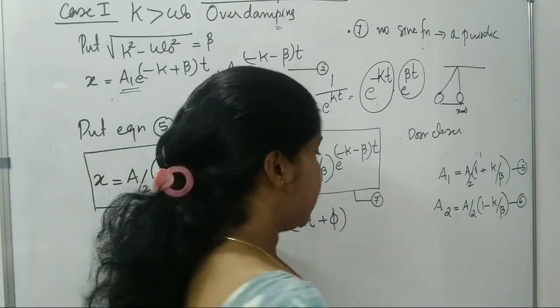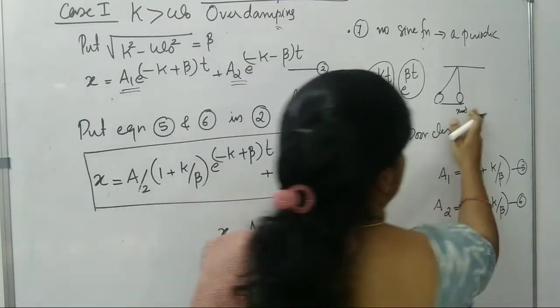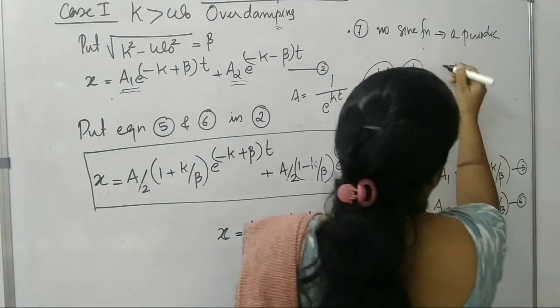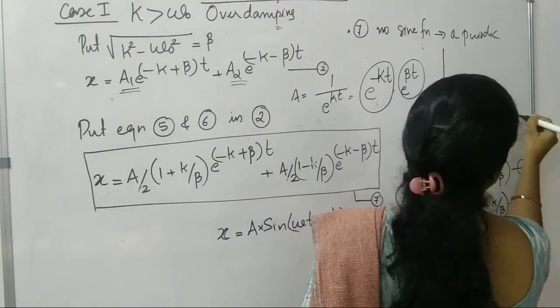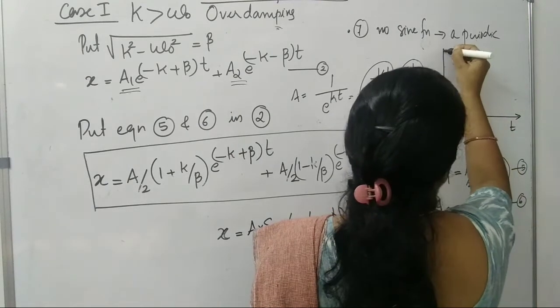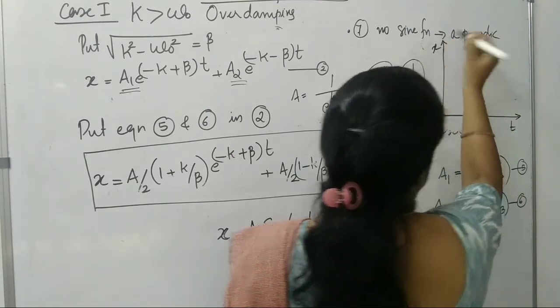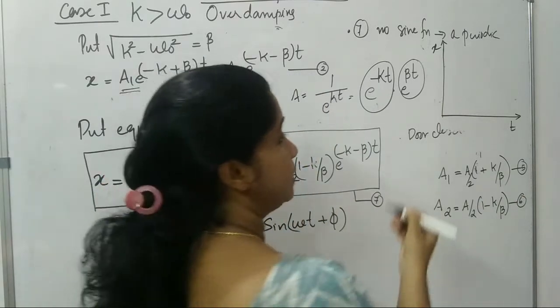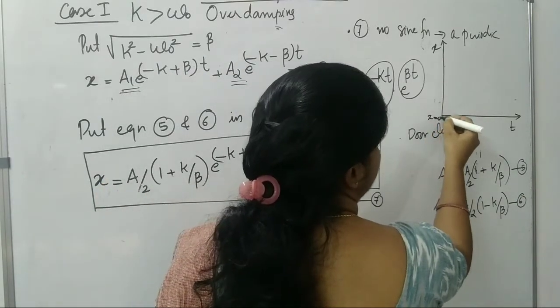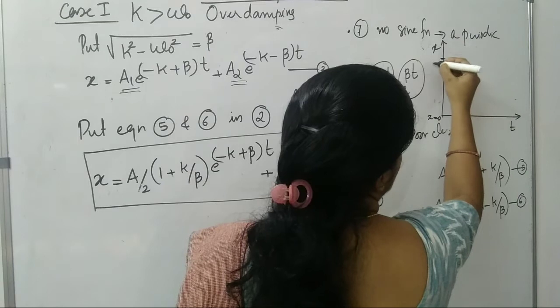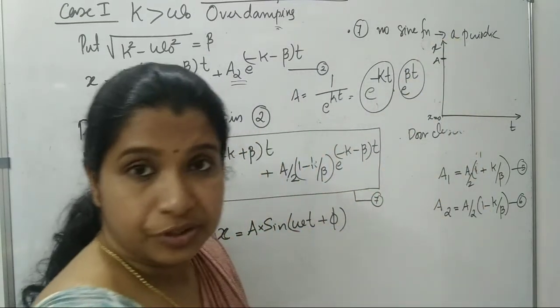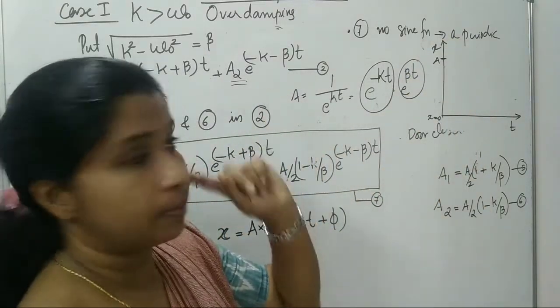If you represent this motion graphically, the graph is like this. Time is taken along the x-axis and displacement is taken along the y-axis. x equal to 0 is the equilibrium position and x equal to a is the extreme position. The motion begins from the extreme position.